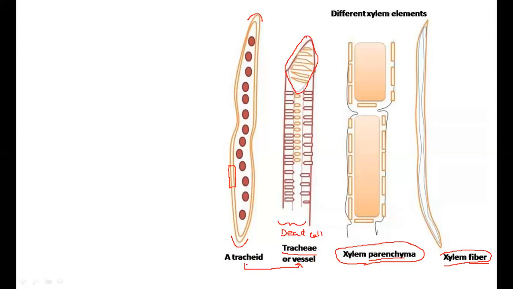One is tracheid, second is trachea. These two types of cell perform the actual function of the xylem, and the function of the xylem is that it conducts water and minerals through the plant.